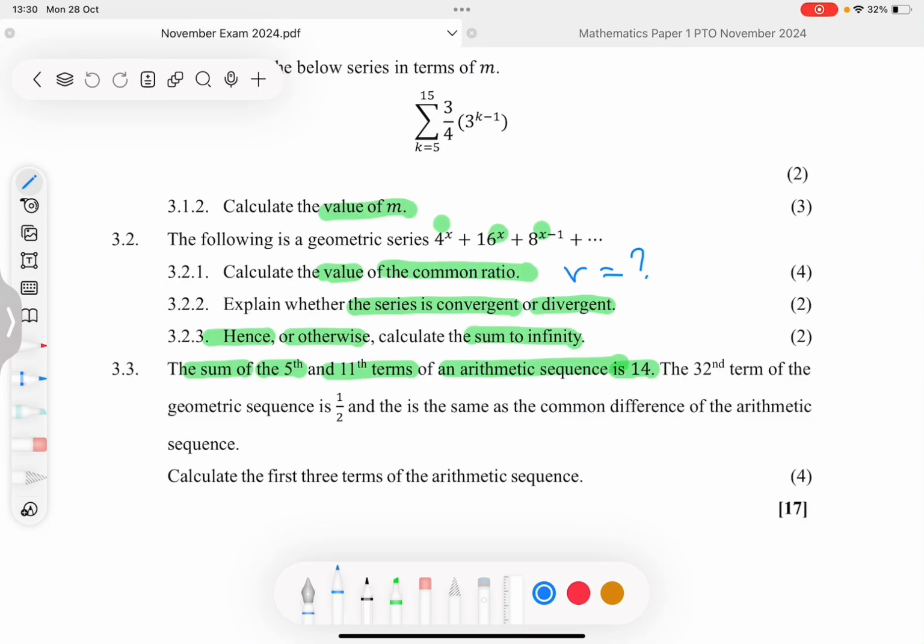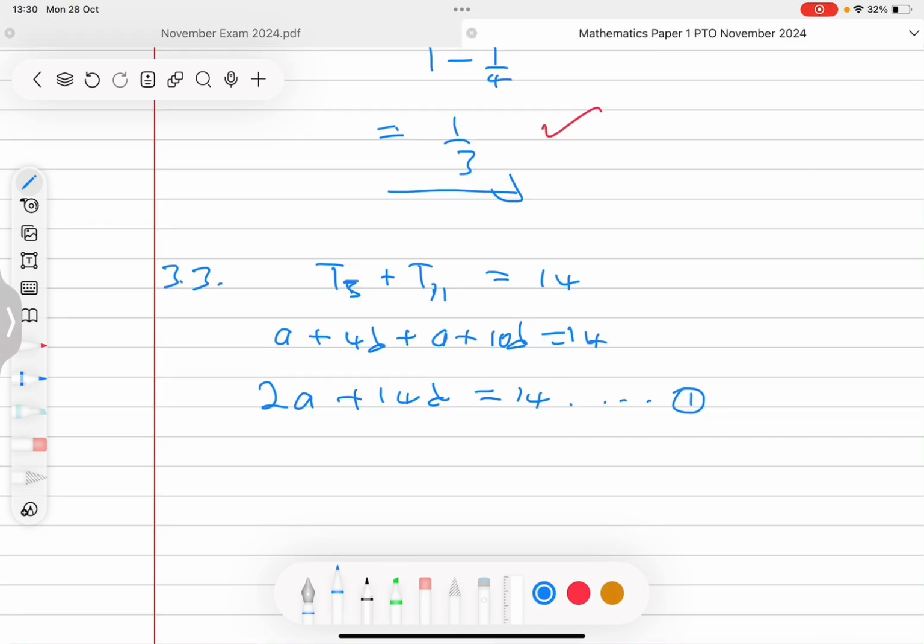Now let's continue reading the question. They further say the 32nd term of the geometric sequence is 1 over 2 and is the same as the common difference of the arithmetic sequence. Interesting stuff.